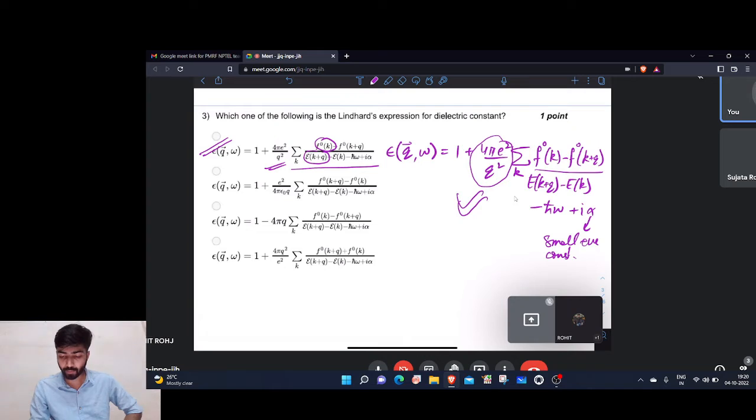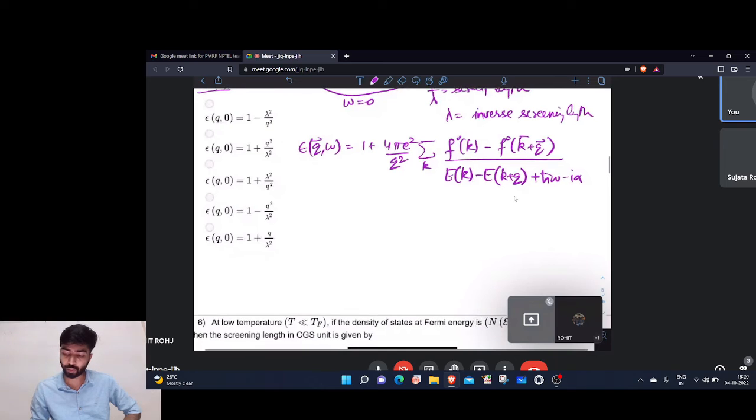So in fact these terms should be equal, so epsilon k should be the first term, and then epsilon k plus q. So let me just correct it down. This would be minus plus, and these two terms would remain as they are. So one has to maintain the consistency in the numerator and the denominator both.